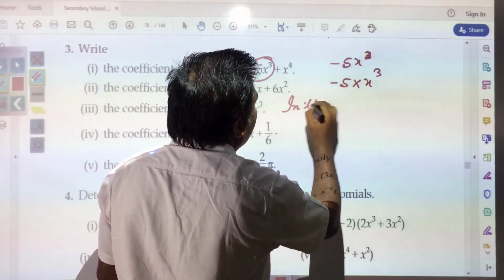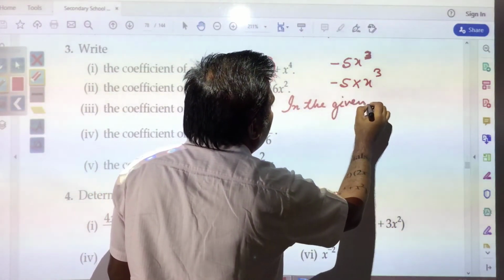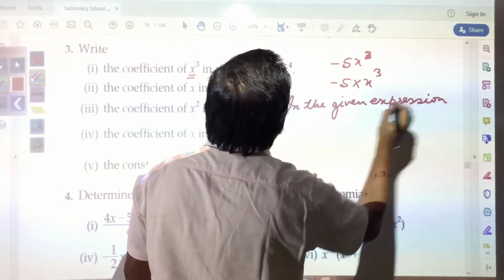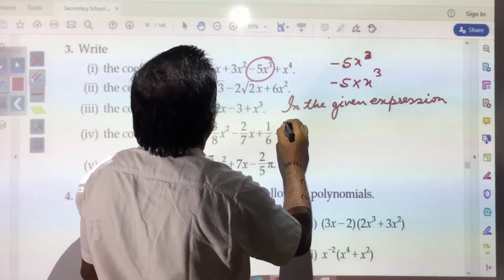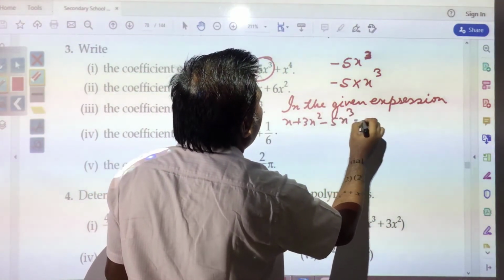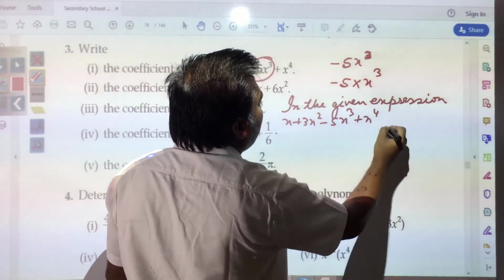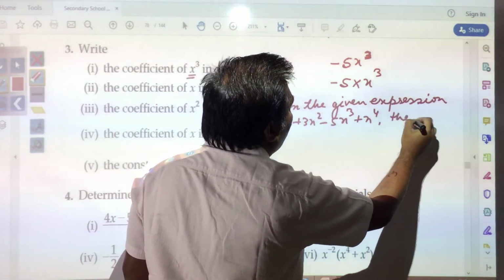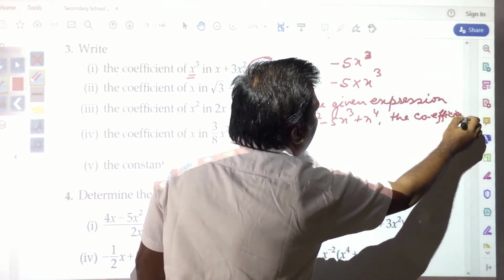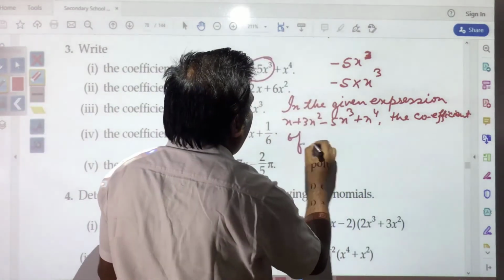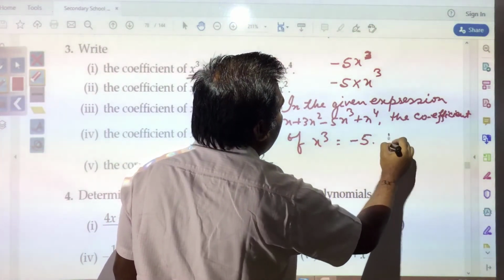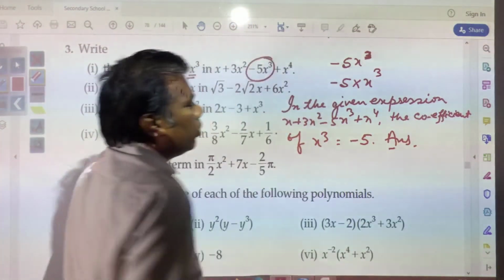So how will you write the coefficient of x cube? In the given expression x plus 3x square minus 5x cube plus x to the power 4, the coefficient of x cube is equal to minus 5. In this way the answer is required to be written.